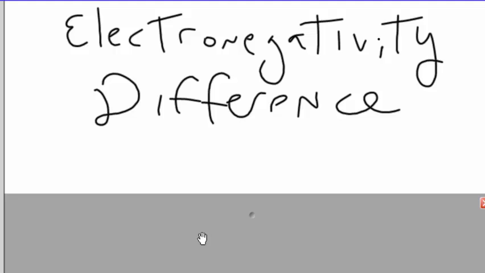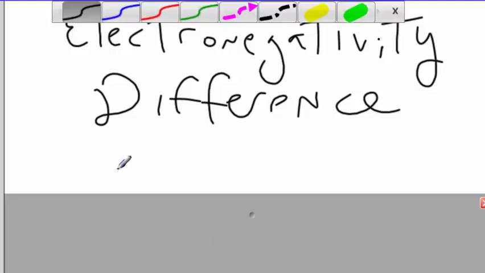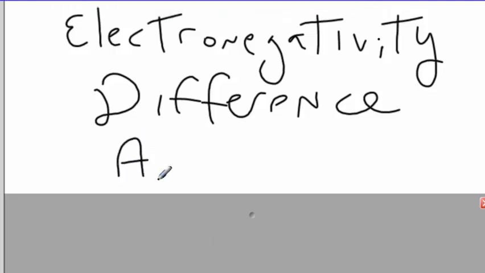Let's think about what electronegativity is. Electronegativity, if you'll recall, is how easy it is for an atom to attract an electron. So think about a bond. Think about some atom, which I'm going to call atom A, and some other atom, which I'm going to call atom B. Now, bonding is about electrons.